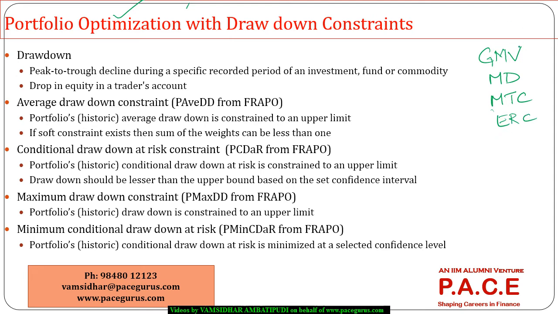Compared to all these, the other way of looking at portfolio optimization is by bringing in drawdown constraints, right? I am exclusively bringing in the drawdown constraint.